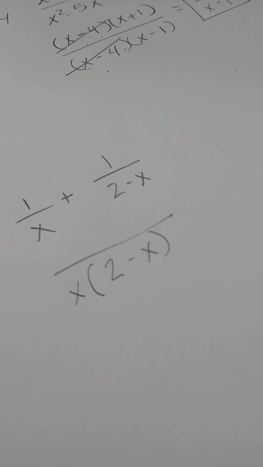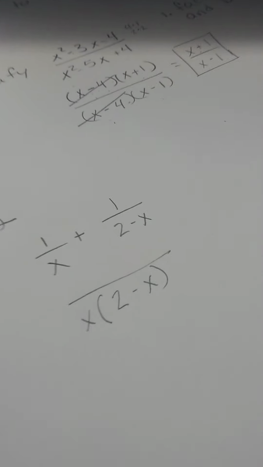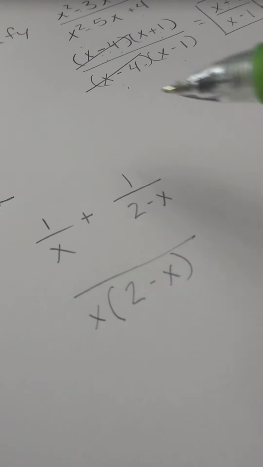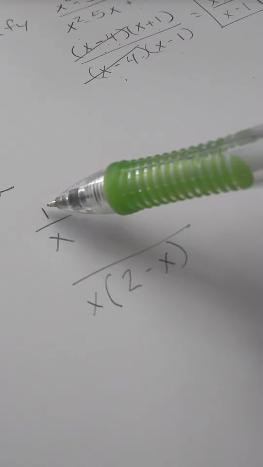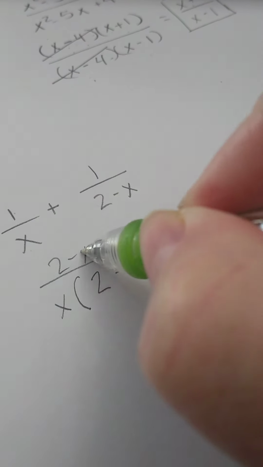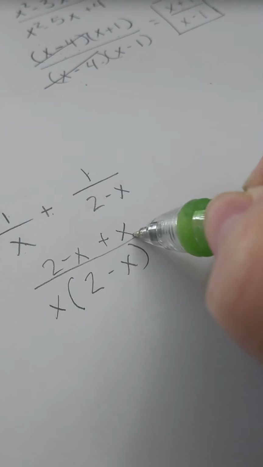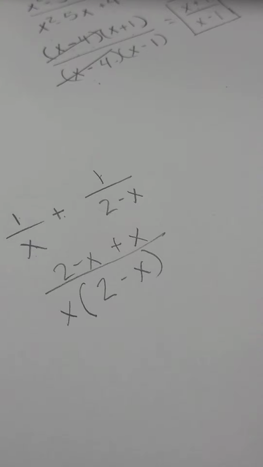Then you have to find your new numerator. To find your new numerator for these, a shortcut is to just crisscross multiply, okay? So 1 times 2 minus x is just 2 minus x. Then you have plus 1 times x, which is just x, okay?